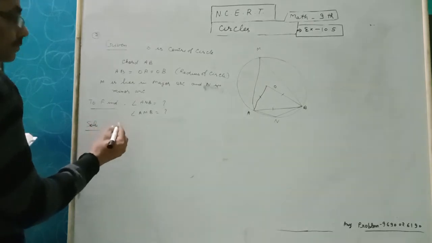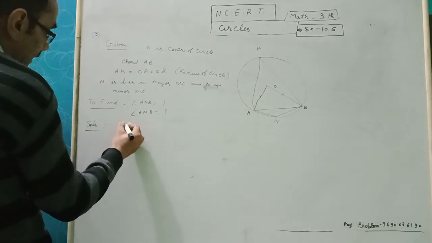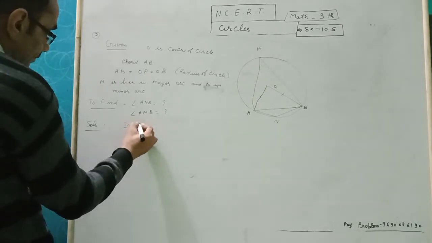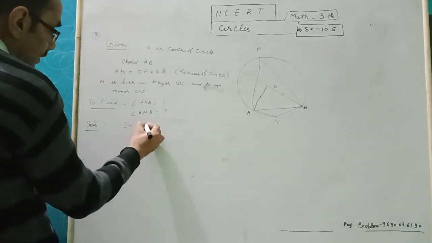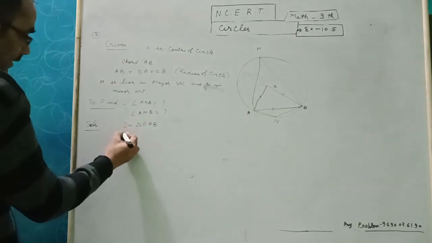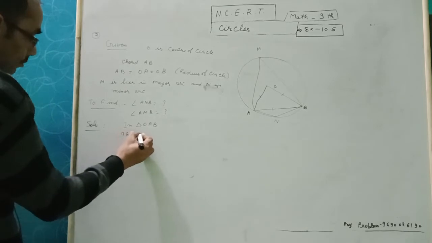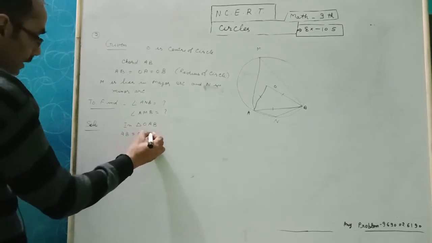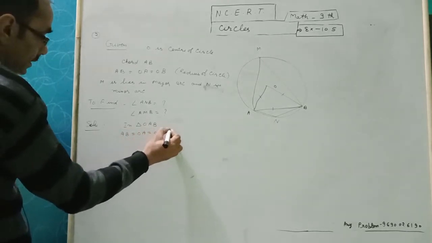Solution is in triangle OAB, AB is equal to OA is equal to OB.